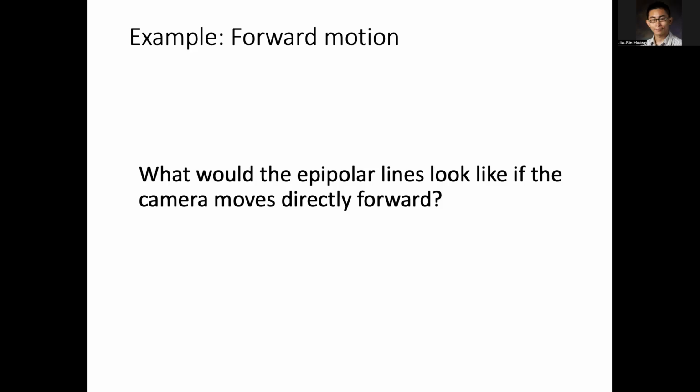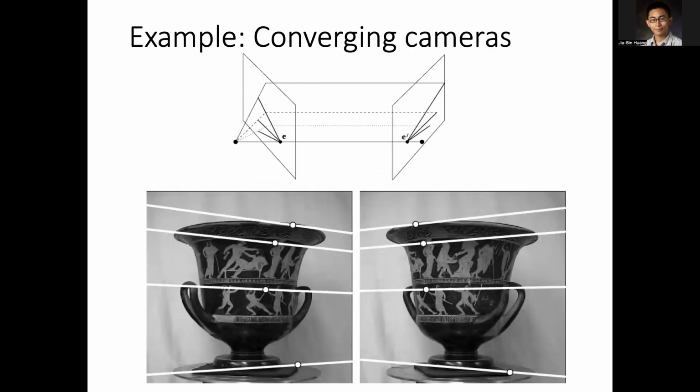Straight up, but that's only one line, right? Epipolar lines are a family of lines. The camera center of the second camera, projected onto the first camera, is at that location, the epipole. Imagine this example: I have two cameras, camera 1 and camera 2.